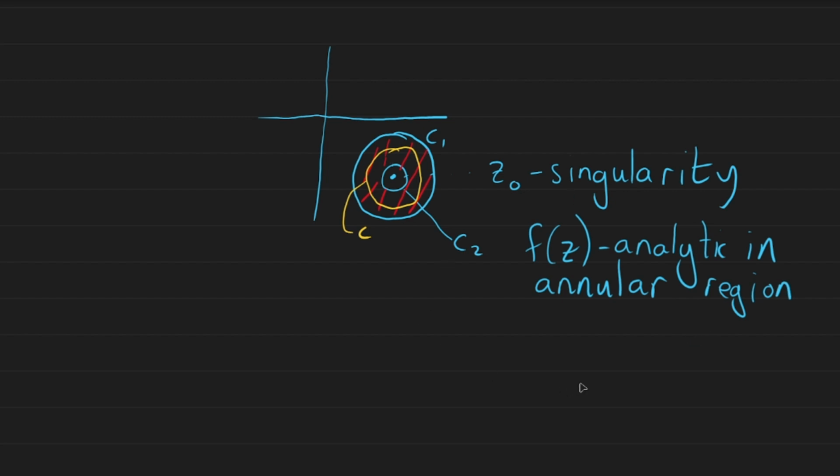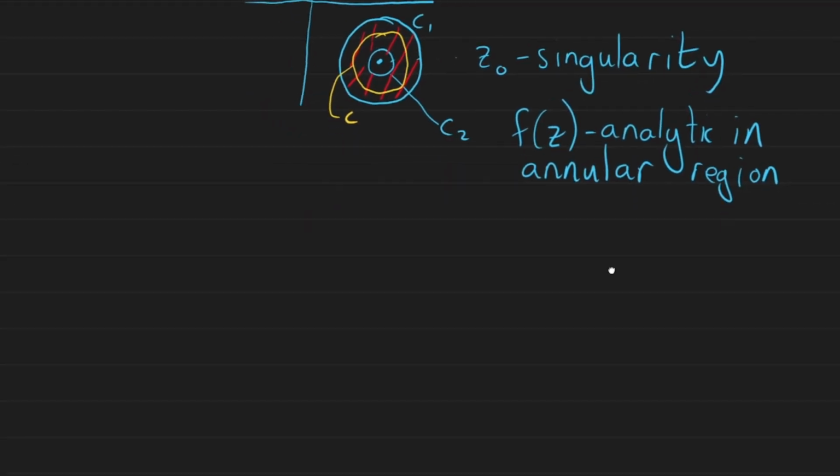So how does the Laurent series actually look? What form does it actually take? Well, it's actually very similar to the Taylor series that we've seen thus far. There are some differences, but let's just write the generic form of it. So we have our function f of z. In this Laurent series, we're going to have a term a0 that would be associated with some subscript n being 0.